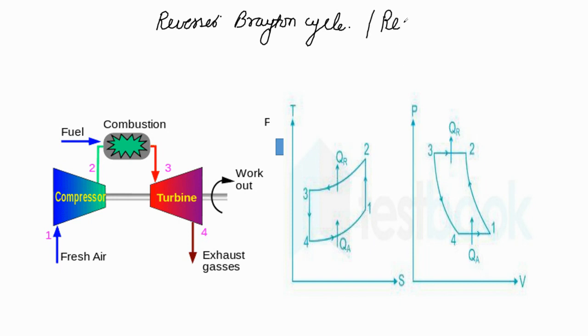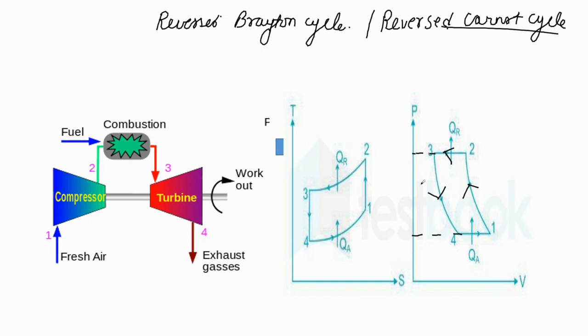The reverse Brayton cycle is the one on which aircraft refrigeration systems mainly run. It has these steps, 1 to 2, 2 to 3, 3 to 4. This is isentropic compression, this is constant pressure heat rejection, this is isentropic expansion, and this is constant pressure heat absorption. This is how the system works.